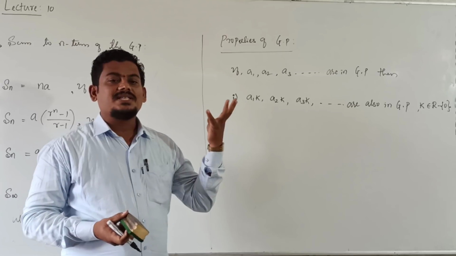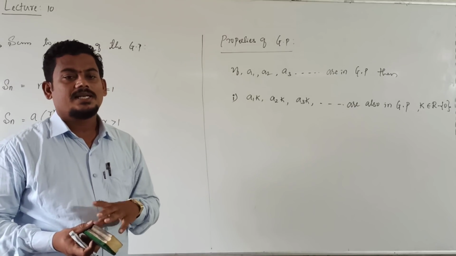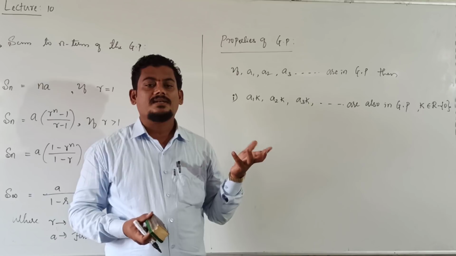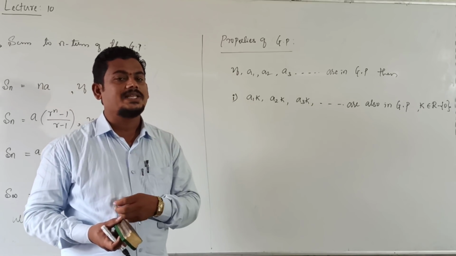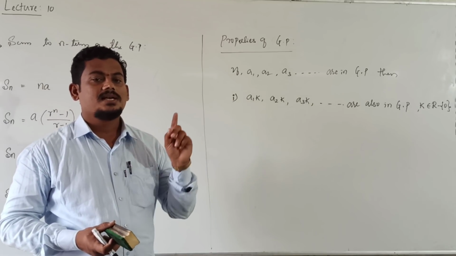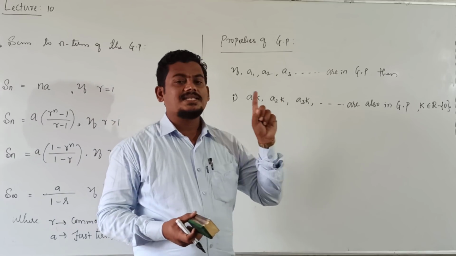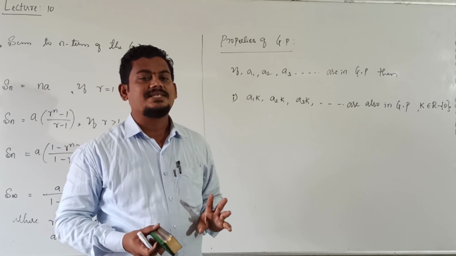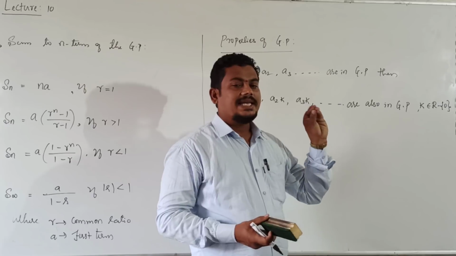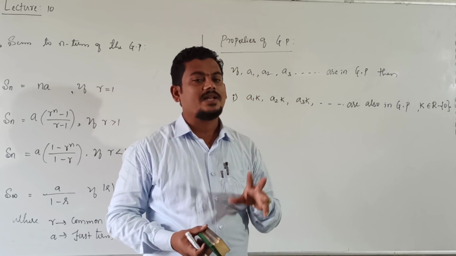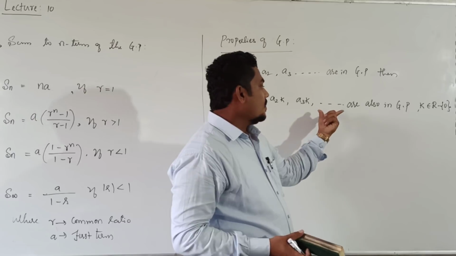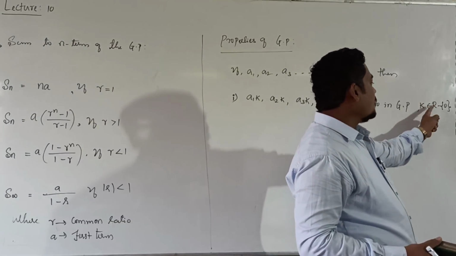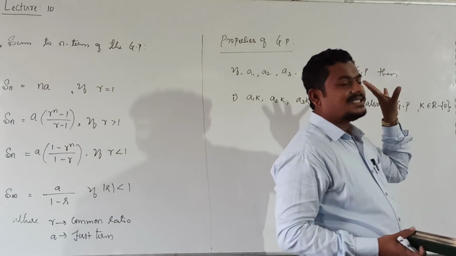If any term of the sequence is 0, then it is not geometric progression. Geometric progression condition is no term of the GP is 0. Then only it is GP. So K should not be 0, means all real numbers except 0.